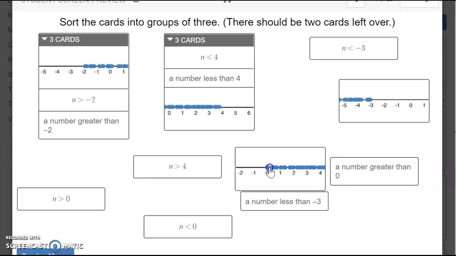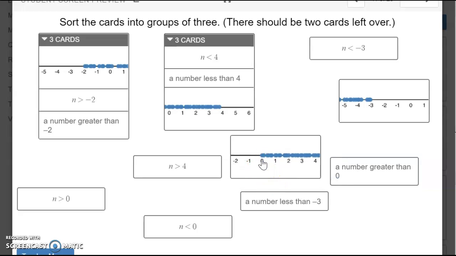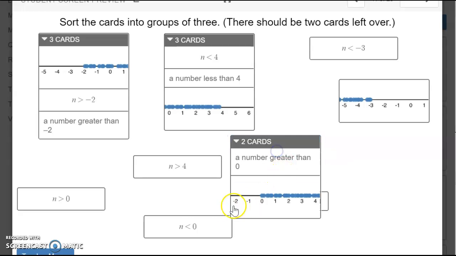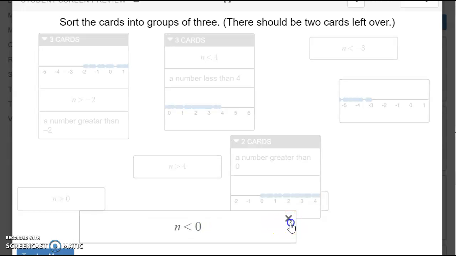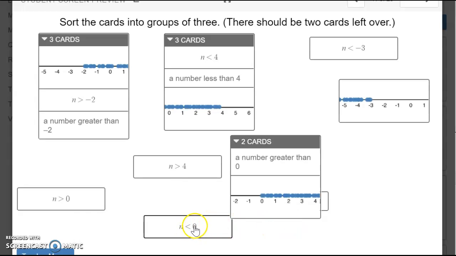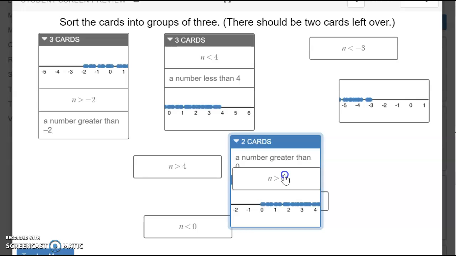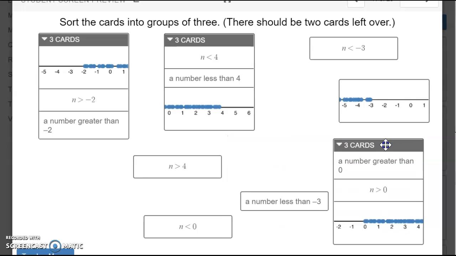Then this one is where a number is bigger than 0. It's number greater than 0. And is this greater? No, it's less than. Okay, it's smaller than because the alligator mouth is opening to 0. So what is this? Is opening to n. So that's the bigger one.